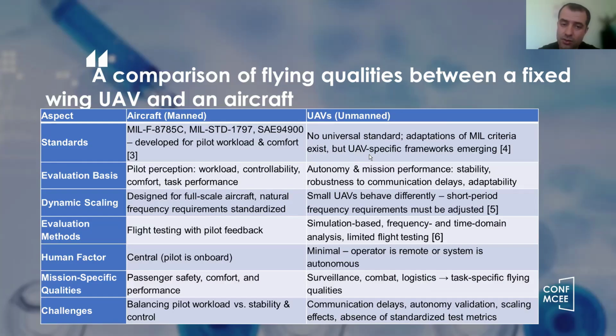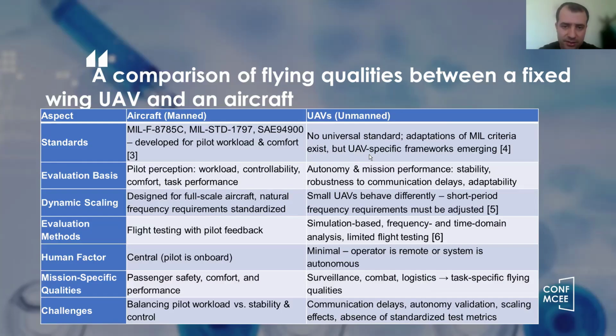The flying qualities of manned aircraft and UAVs have common aerodynamic and dynamic foundations, but differ significantly in how they are evaluated and applied, mainly due to the absence of an onboard pilot in UAVs.